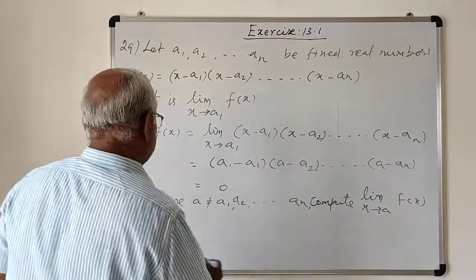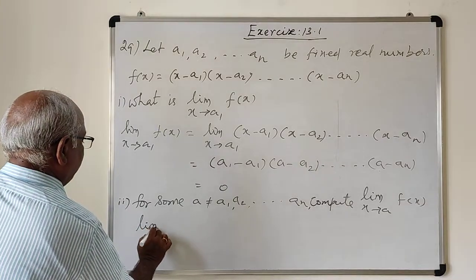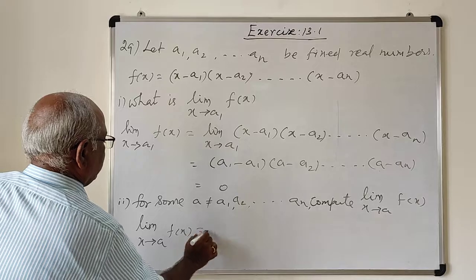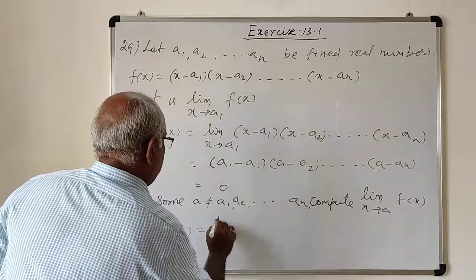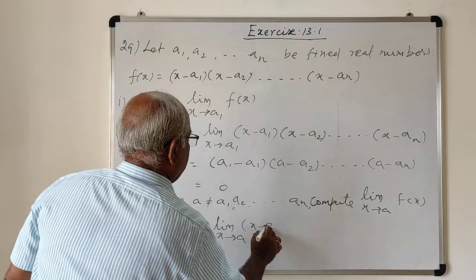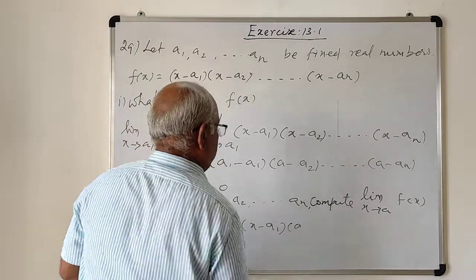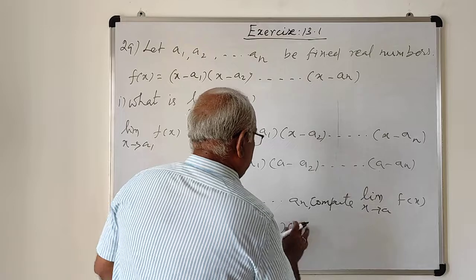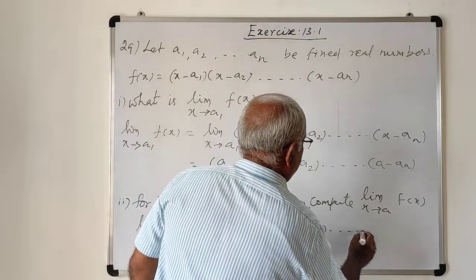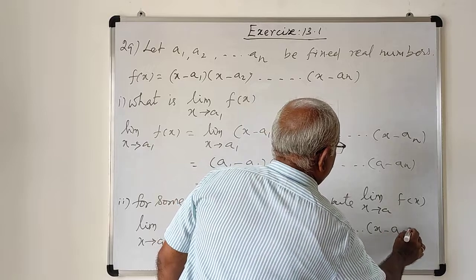It is simple. The limit as x tends to a of f of x is x minus a1 into x minus a2 etc. into x minus an.